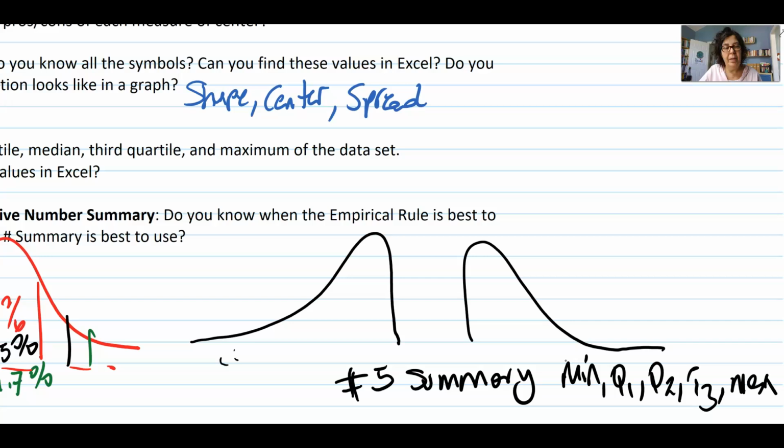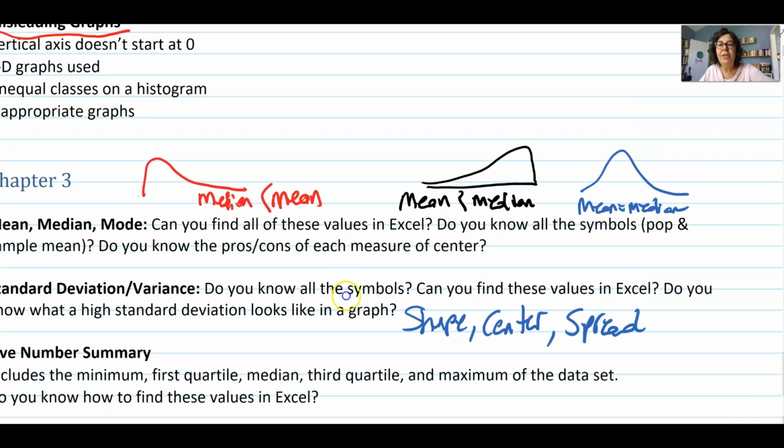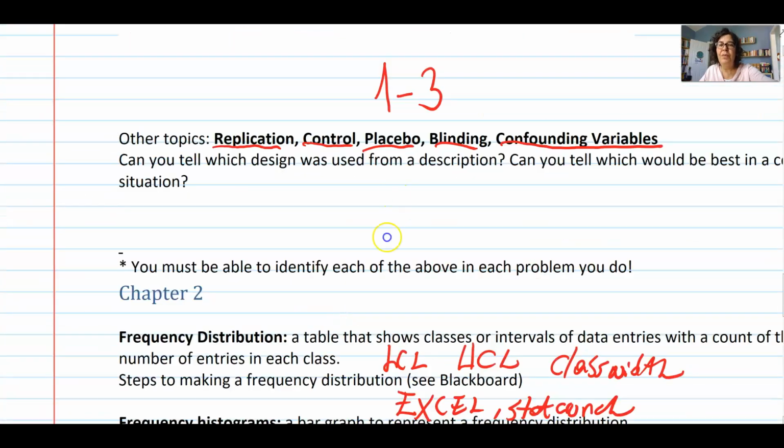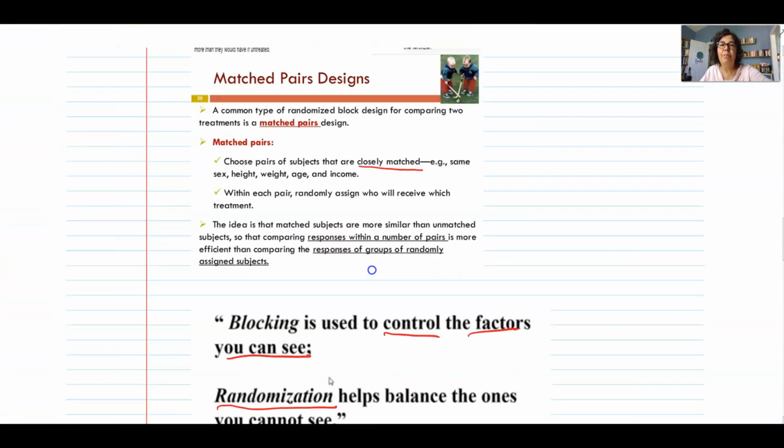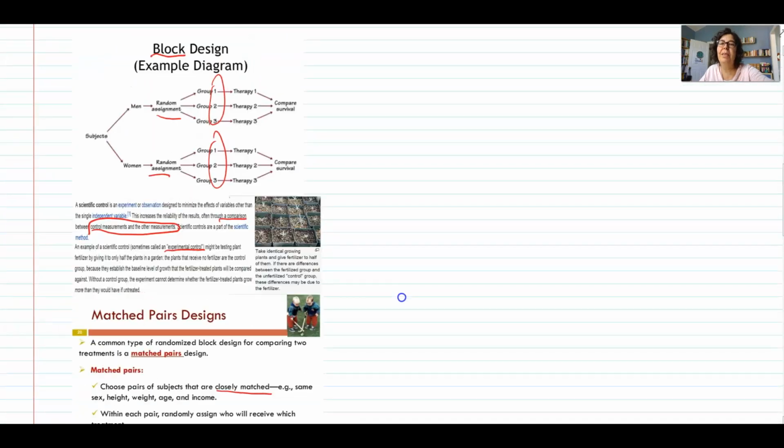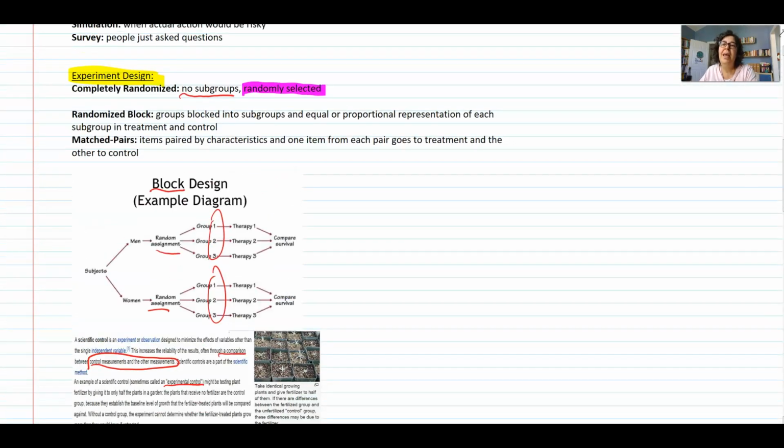Obviously, there are questions that require your evaluation, finding the z-score, and the other details. Make sure you look at them, but I just wanted to emphasize all of this and try to help you, particularly with the experiment design and what is completely randomized, randomized block, and matched pair.